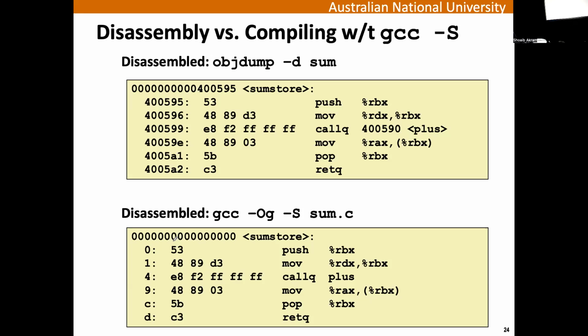The first instruction, 53. 5 is a hexadecimal digit. A hexadecimal digit is how many bits? 4. Yeah. A hexadecimal digit is 4 bits, right? 0 to 15. Some instructions are 3 bytes and some instructions are 5 bytes, all right? It's a variable width ISA.